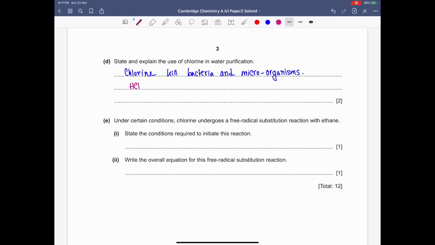So chlorine gas reacts with water to produce HCl aqueous plus HClO aqueous. HClO is hypochlorous acid.